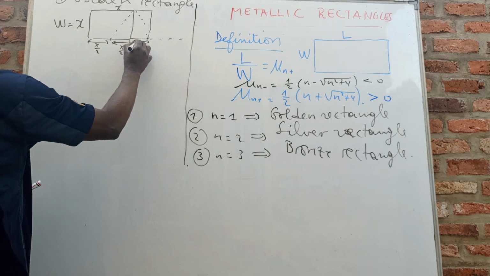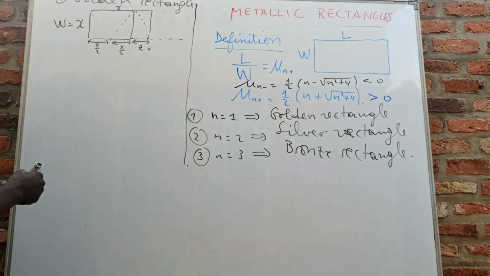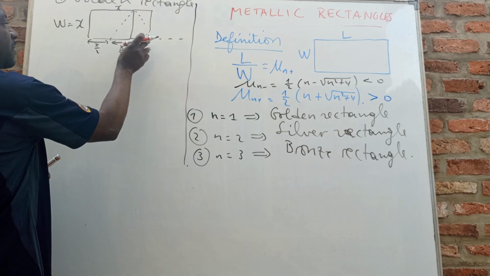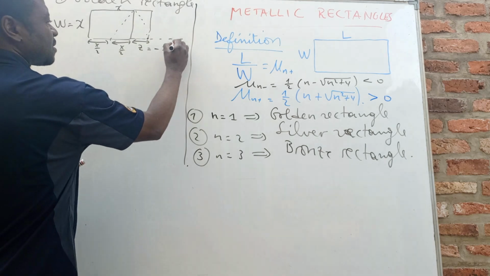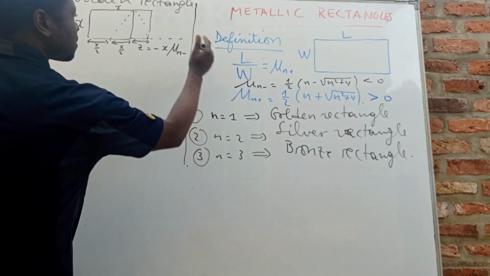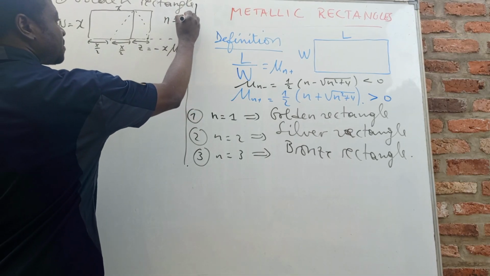this side. This is it, and we are going to prove that this side is negative x times the conjugate of the golden ratio. So we are in the case n equal to 1.